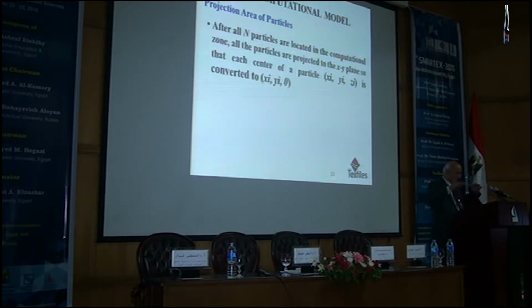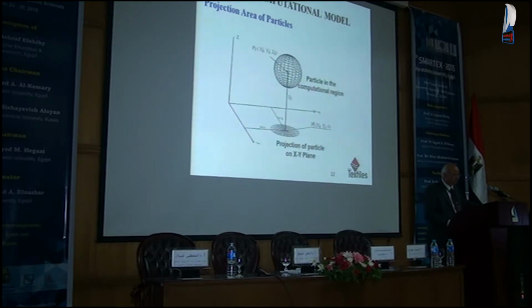So after we're done with the program, we do what we call projection on a plane, the XY plane, so that all the volume becomes an area rather than a volume. So this is what we do here. For every sphere, we're going to project it on an XY plane. It doesn't have to be the one that is at the origin.